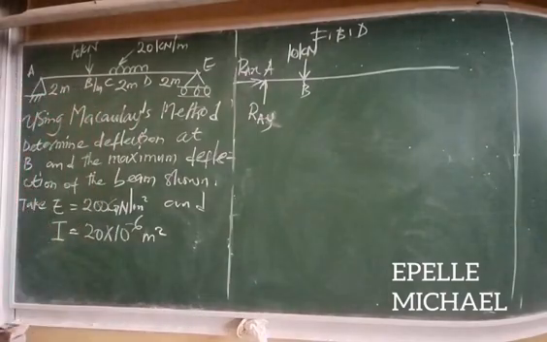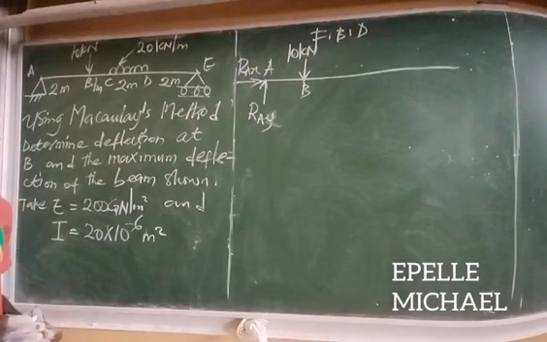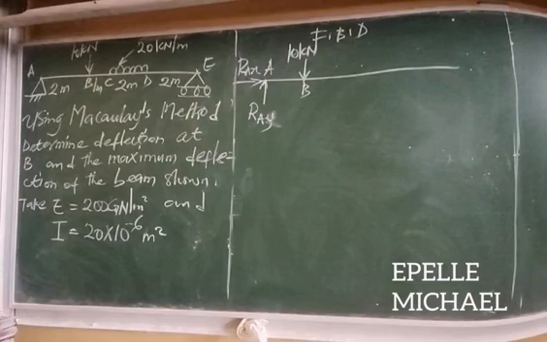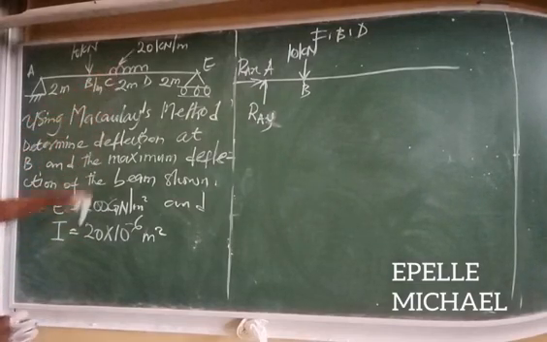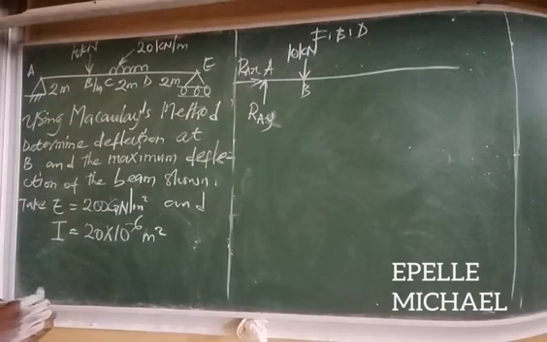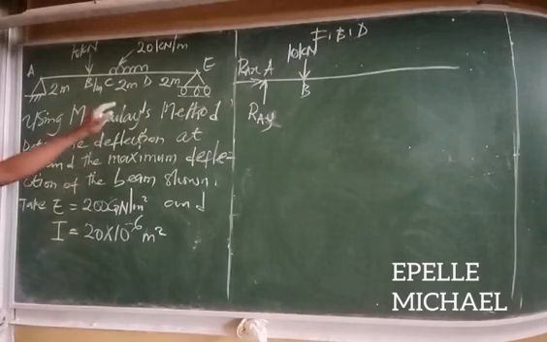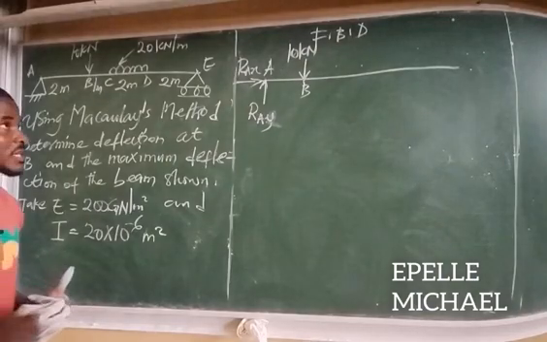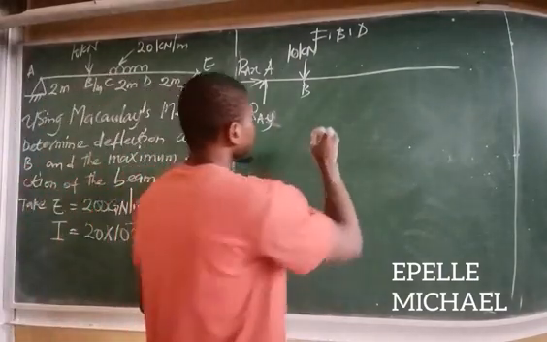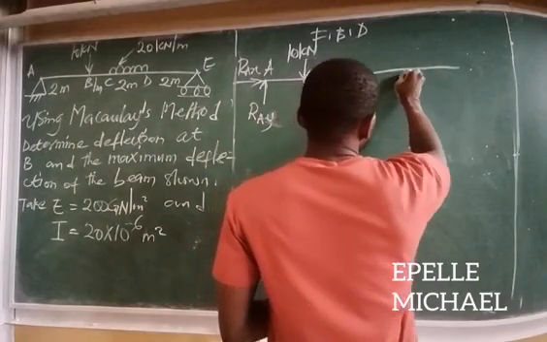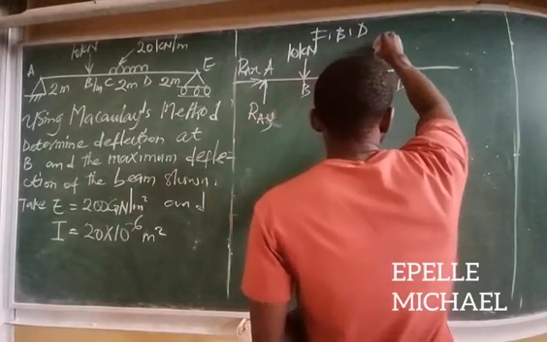Now between C and D, we have a UDL whose value is 20 kilonewtons per meter. To convert a UDL to a point load, simply multiply the UDL by the length covered. The length of this UDL is 2 meters, so we have 20 times 2, which becomes a point load of 40 kilonewtons. This point load should be placed at the middle of the length of the UDL. Middle of 2 meters is 2 divided by 2, which is 1.